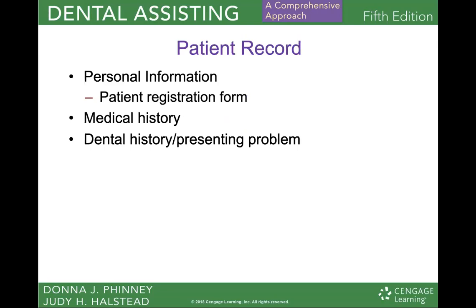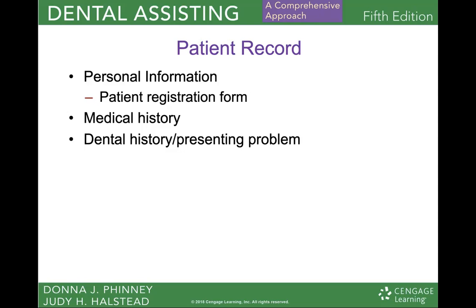For effective treatment to take place, dental assistants must get a complete and accurate patient history. This includes personal information such as name, address, phone numbers, emergency contacts, social security number, and insurance information. A medical history is also obtained, including information on past surgeries, diseases and injuries, allergies, and current medications used.